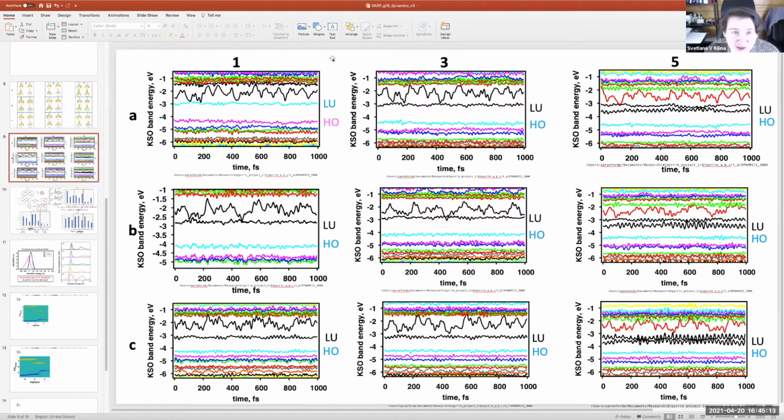Yeah, so since these are the results of the dynamics, your estimated emission energy will be around 1 electron volt, right, if you look at the HOMO-LUMO gap at the very last moment of your time. Yeah, they're approximately the same as the ground state calculations.